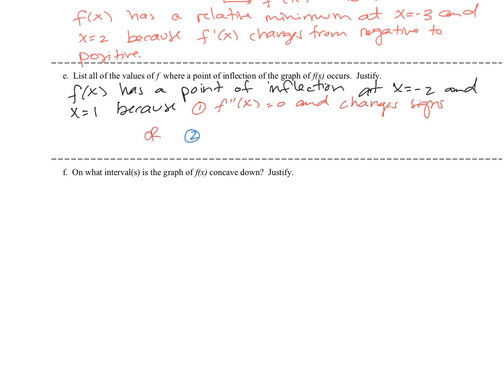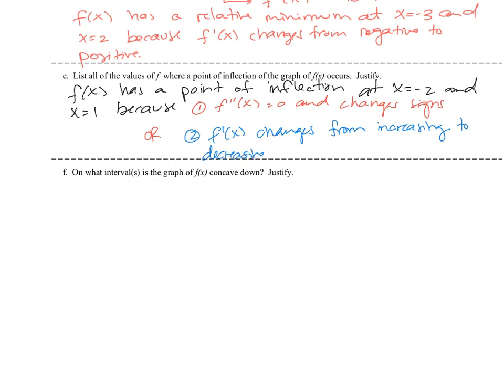Or you could say that f of x has a point of inflection at x equals -2 and x equals 1 because f prime of x changes from increasing to decreasing, right?